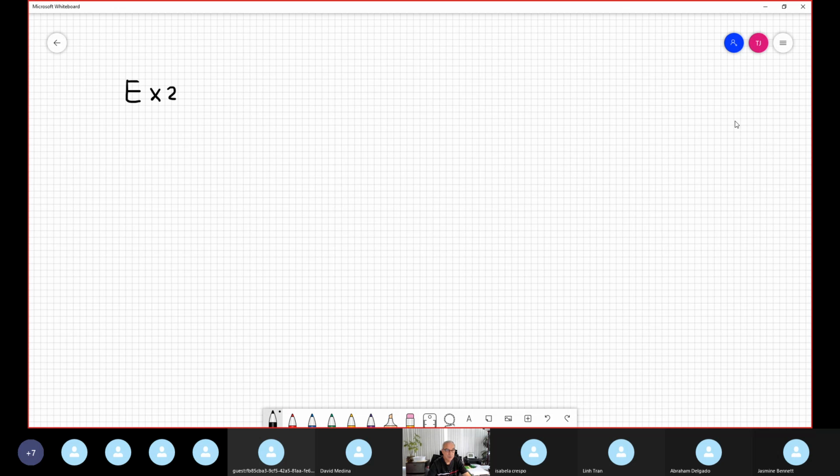Example 2 is 5 times parentheses 2 to the 3x equals 8. Okay, what should I do? Well, in my opinion, you isolate the exponential part. Now this 5 is noise. You solve for the exponential part.